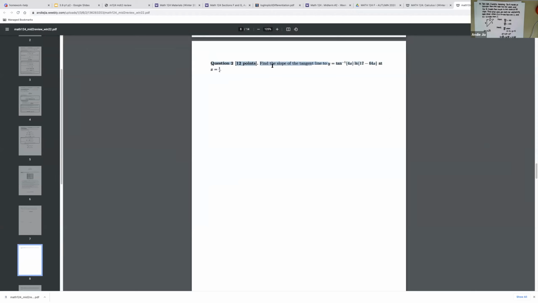For this one, it is the slope of a tangent line. It is y prime. To find y prime, use the chain rule, the logarithm, and the product rule. Then once you find y prime, plug in x equals 1/4. That is your slope of a tangent line.